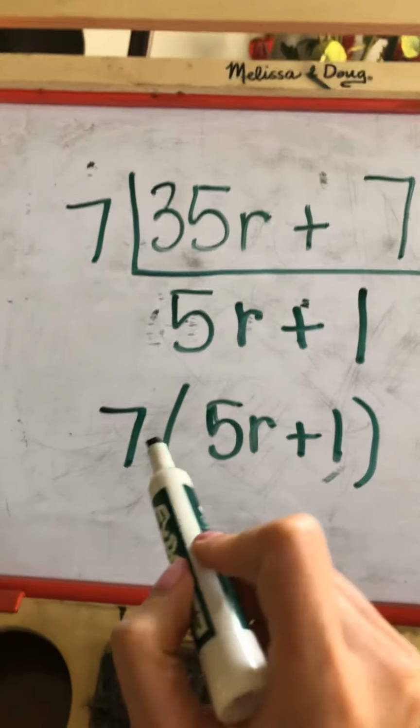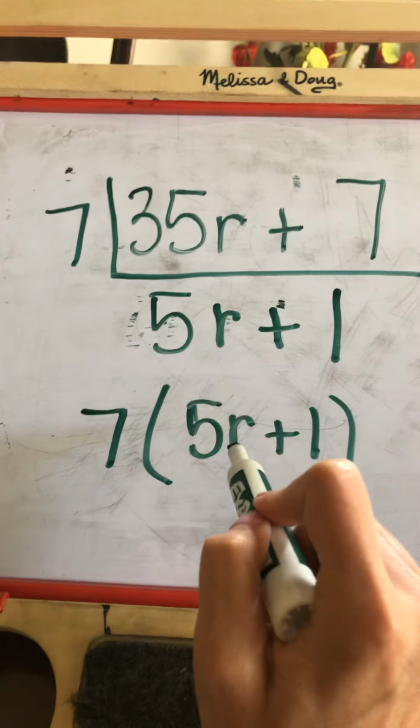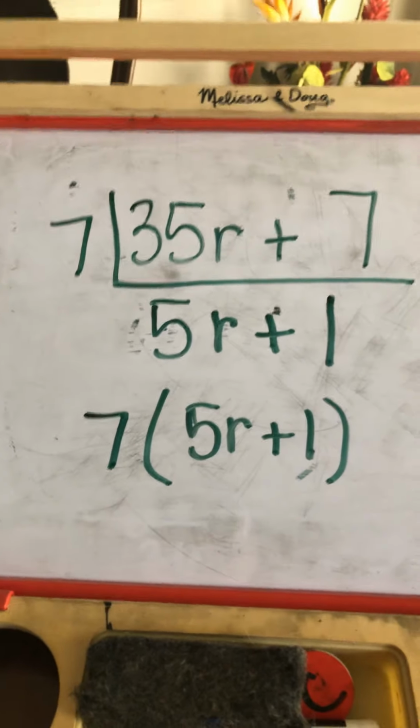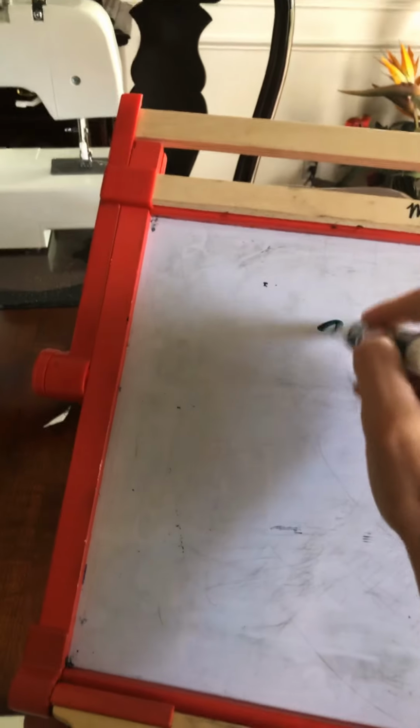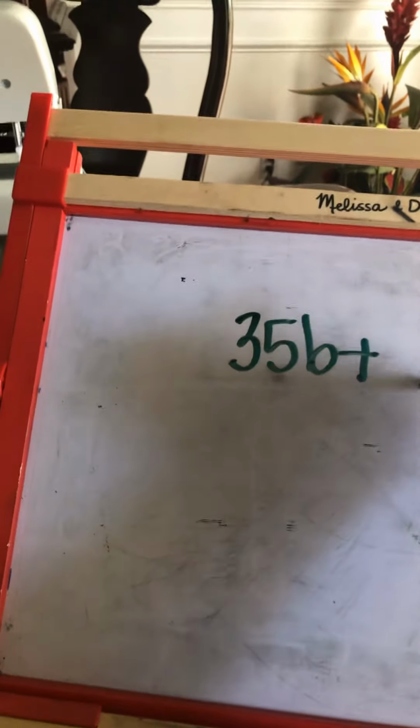Again, you can check yourself by distributing. 7 times 5 is 35R, plus 7 times 1 is 7. So we know we did it right. Let's do another example. All right, let's do 35B plus 21.